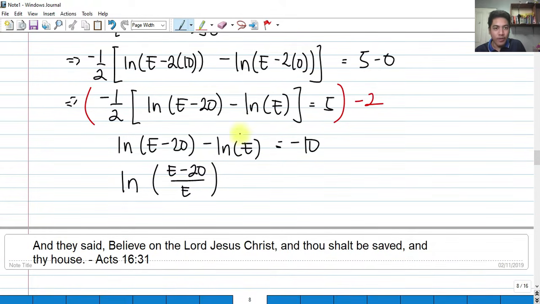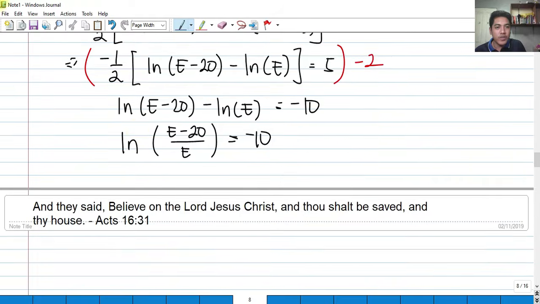That's the property of the natural logarithm: if we have a difference of ln, we can write it inside the ln as a numerator over a denominator. If we have a plus, we multiply them inside. Since we have a minus, we have a fraction. So negative 10.